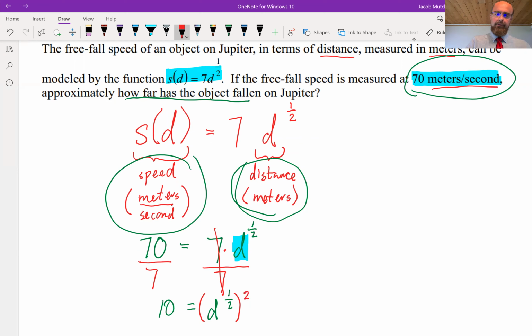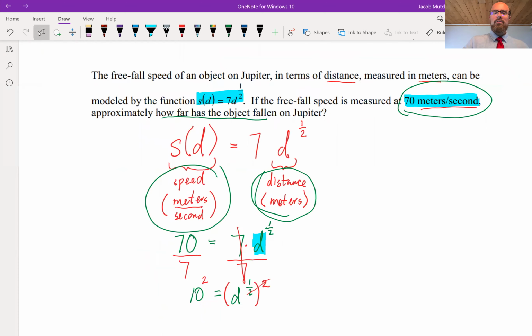Well, that's really raising to the power of 2/1, or simply 2. And from our rules for exponents, I just multiply those, and that's half times 2. The way that cancels, it becomes 1. I do need to raise the other side, the left 10, to a power of 2 as well.